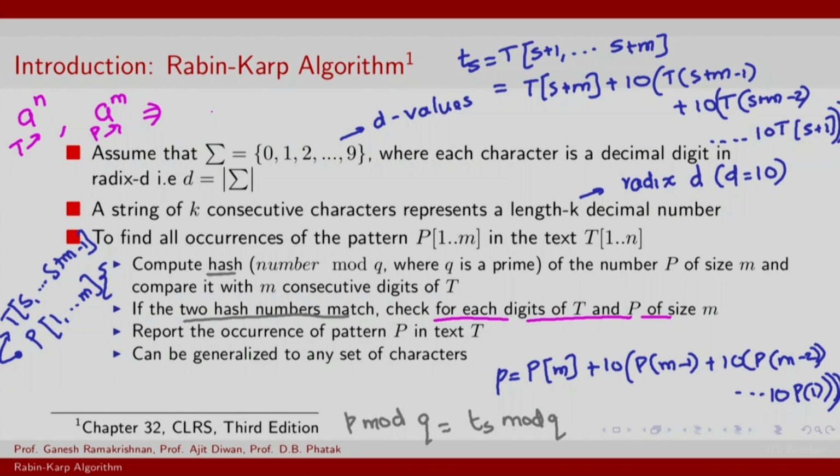So one could compute the worst case running time to be theta of n minus m plus 1 times m. This is the time required to scan T times m.